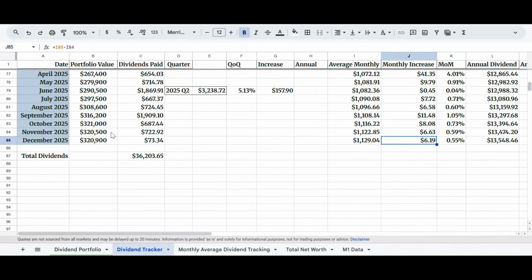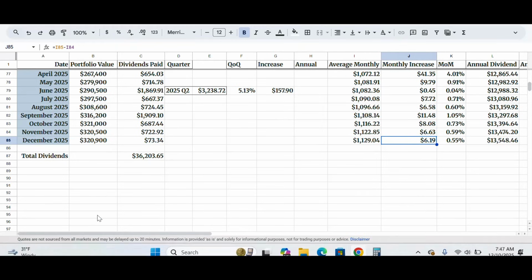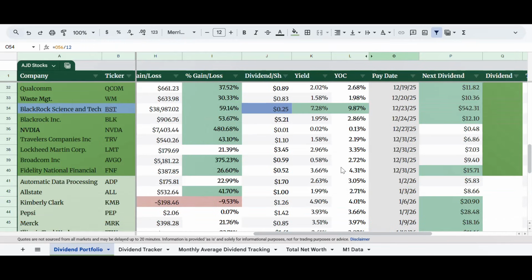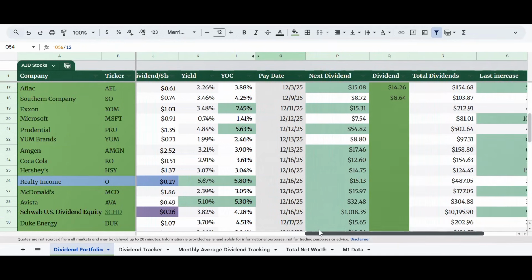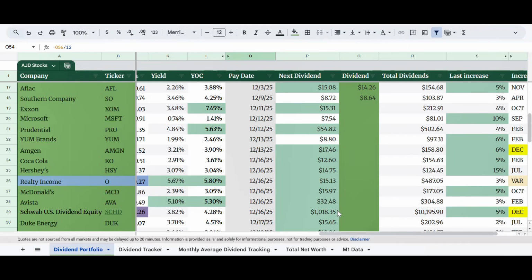But take a look at that new cash flow average, 1129.04. We'll see what we've done so far just in the month of December at $6.19, adding that additional income. And I've got a lot more dividends that are going to come in, and just these dividend DRIPs, especially that SCHD dividend DRIP that's going to come in, that $1,000, I think it was $80 around there, that's going to hit.